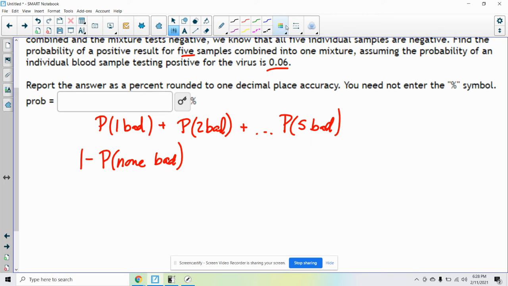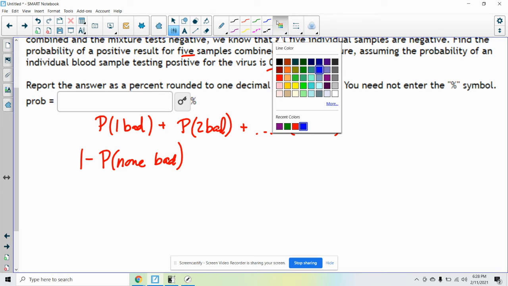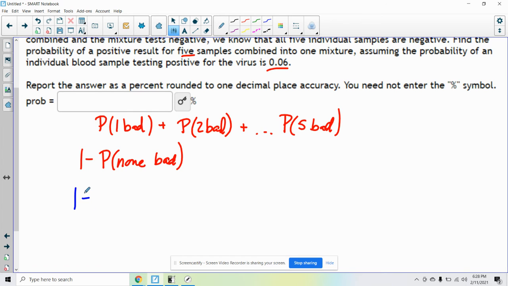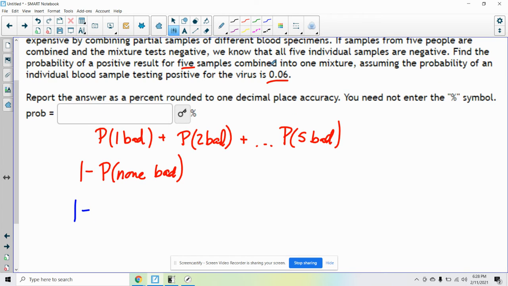Now I'll use the same logic in this question here. So it says 1 minus the probability the first one's not bad. Well, if this is the probability for being positive, we want the complement. So this is going to be 0.94 for the first one, 0.94 for the second, 0.94 for the third, all the way up to the fifth. So this is going to be 0.94 to the 5th power.